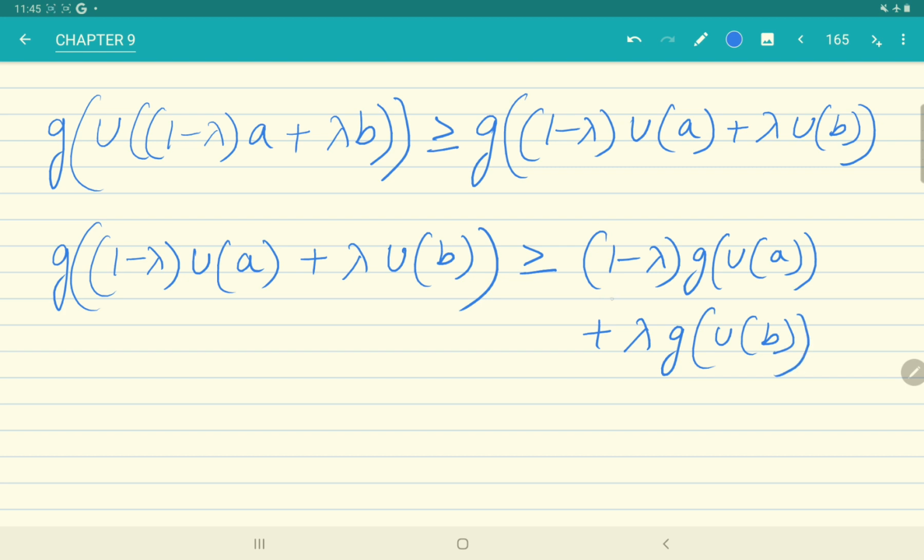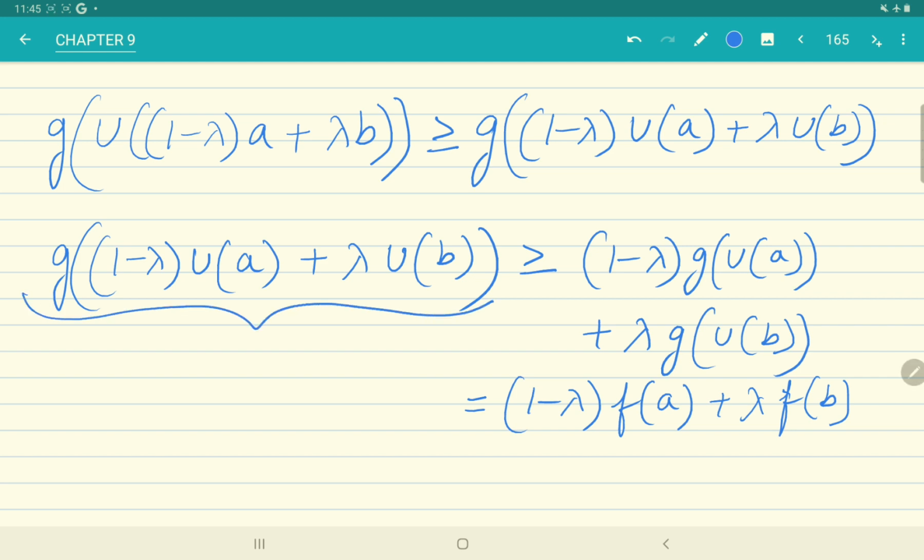So this term 1 minus lambda g of u of a can then be written as 1 minus lambda f of a, and this term lambda g of u of b can then be written as lambda f of b. And this expression is nothing but what we started with.